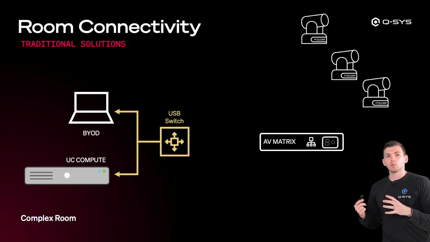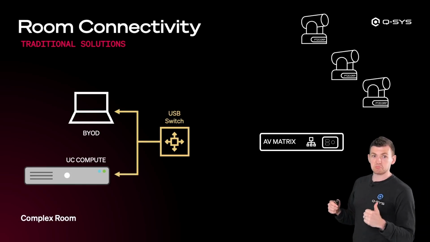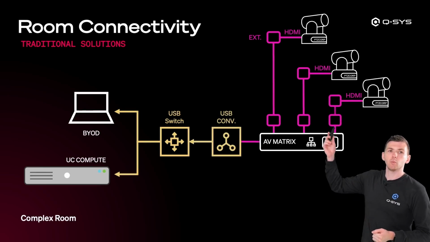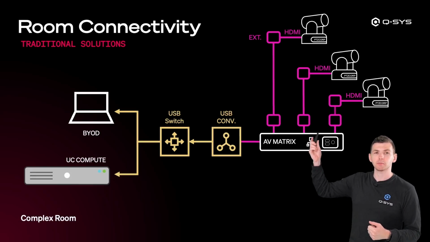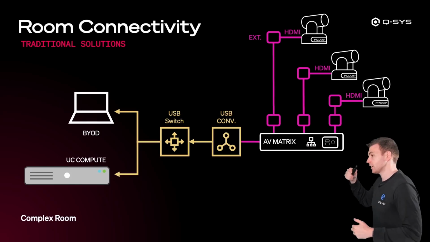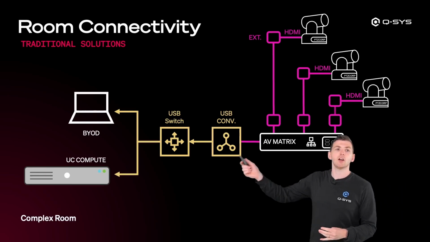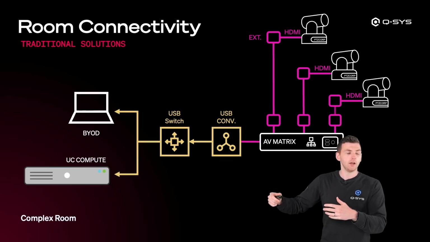So we've got an AV matrix, we need to switch between them, so we've bought a box that's going to do that. Nice. And then we've got some connections here, and because these are HDMI, we've got here some active extenders. They probably need power supplies as well. Going into the AV matrix, somewhere we're going to convert that to USB video, so then that's going to go into a USB converter, that's going to go into a USB switcher.